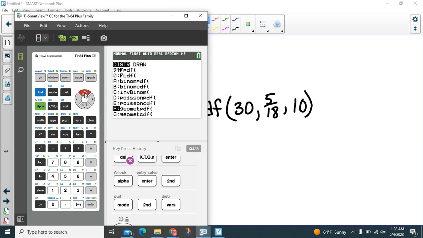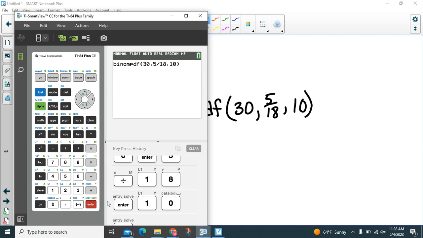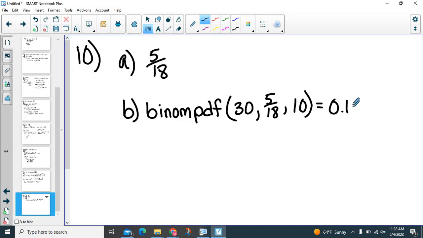But we go up here to binomial PDF, since we're looking for an exact amount. There are 30 trials. The probability is 5/18. And the value that we're looking for here is 10. So we paste that in our calculator. Bam, 0.123 to 3 sig figs. So that is the probability.